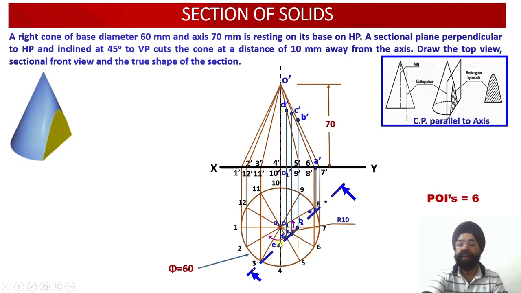Now if I move this point upward, it should intersect my front projector O dash and 4 dash. But as I see, moving this point E upward, it crosses this O dash 4 dash very easily. So no point of intersection has been observed over there.